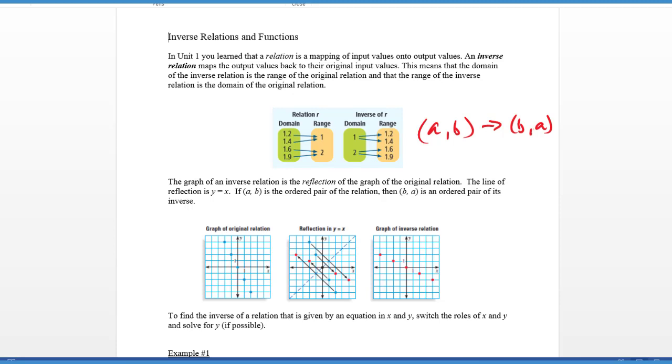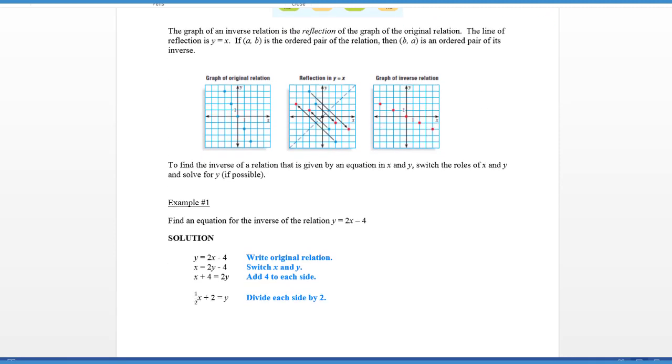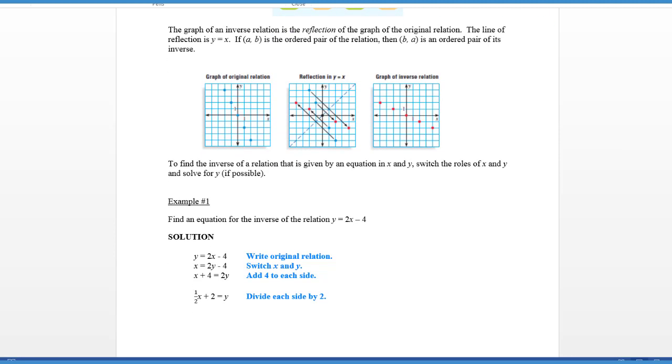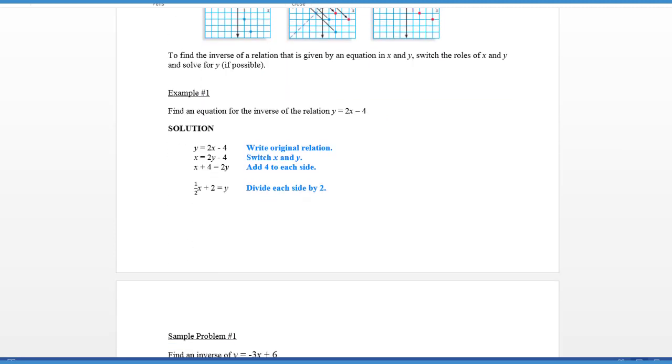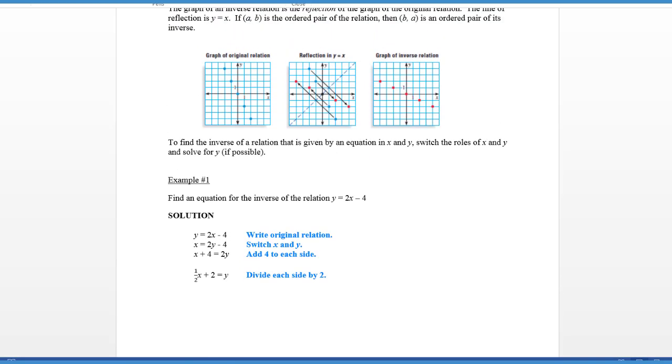If we want to find an inverse relation, and possibly a function, for a particular problem, we can switch the x and y values and then solve back for y. That should give us the inverse relation. In example 1, we're given y = 2x - 4, a linear function.